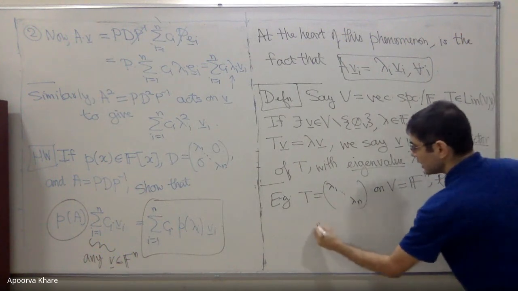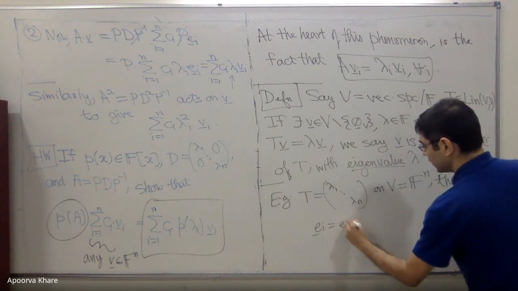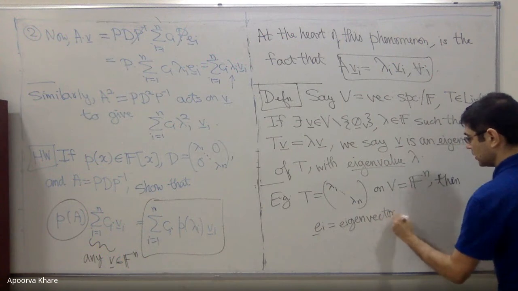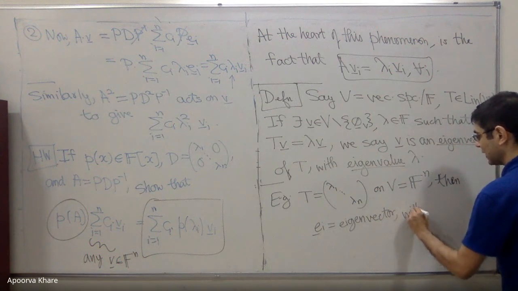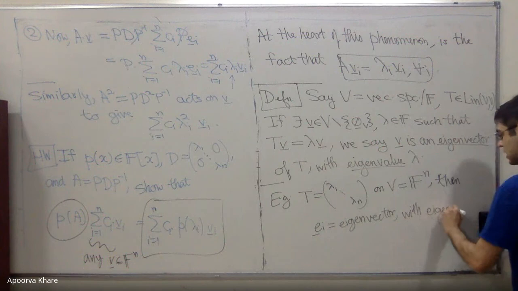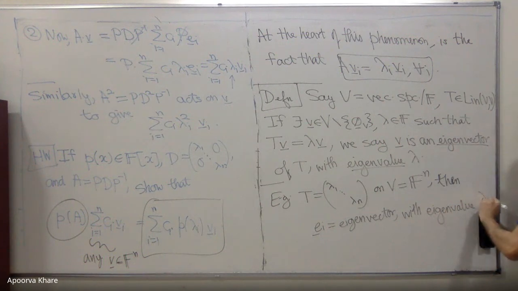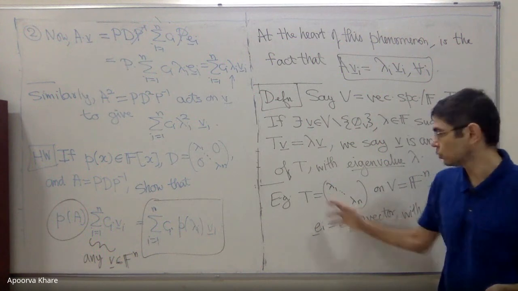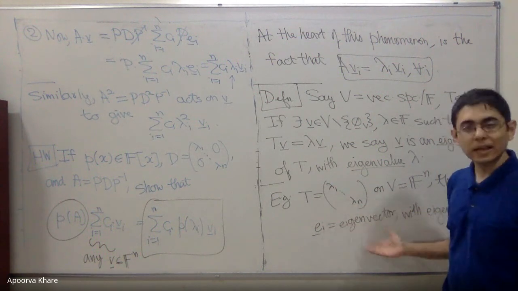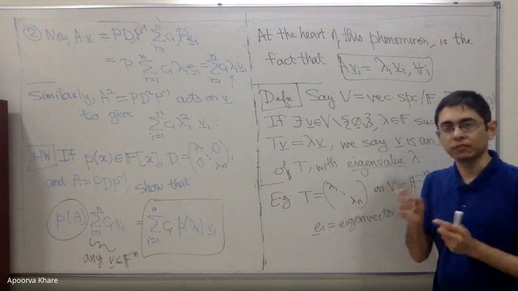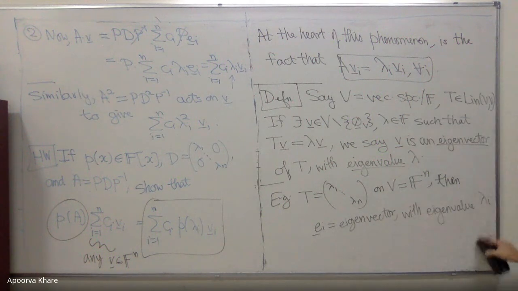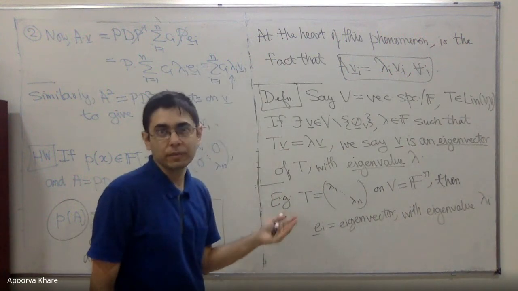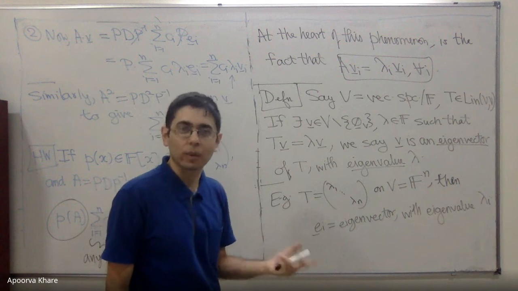Then e_i is the eigenvector with eigenvalue lambda_i. I am not saying that these lambdas are distinct. So maybe like the identity matrix with 1, 1, 1, 1, 1. Well, then e_i is the eigenvector with eigenvalue 1 for every i. Suppose the identity matrix. So the identity times e_i equals e_i. So 1 times e_i. Great.